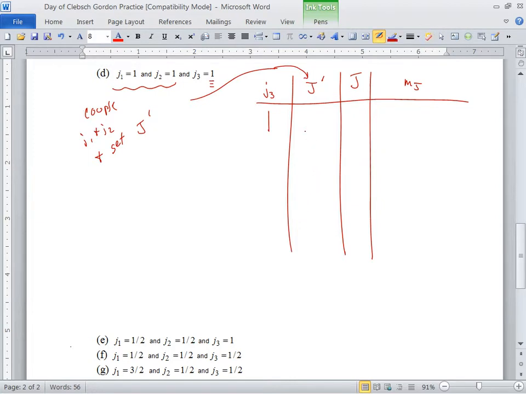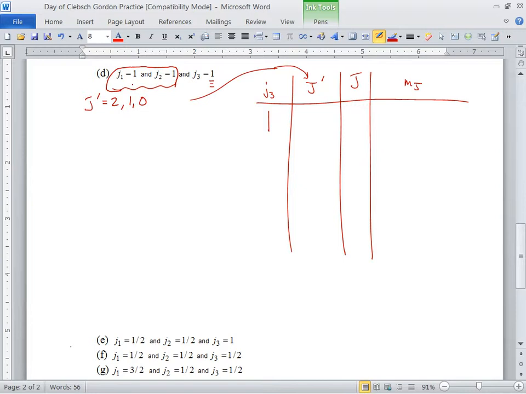So let's first just couple. It doesn't matter which 2. Let's couple these first 2. You get J prime to be 2, 1, 0, because it's 1 plus 1, then 1 minus 1. But those aren't our final answers because we still have to couple J3.